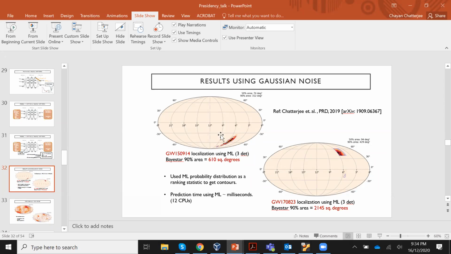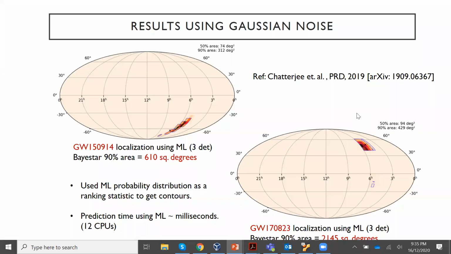So for 2048 sectors, we tested our results for the 2 events, GW150914 and GW170823. And you can see here that we get a 90% credible area of 312 square degrees for this event.